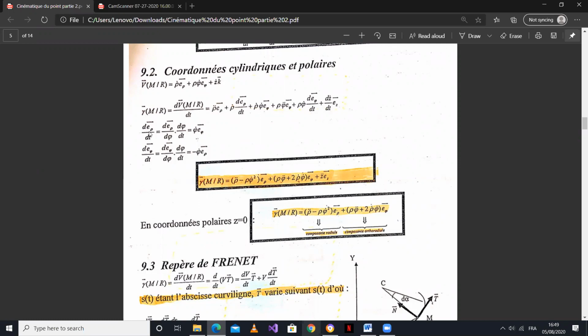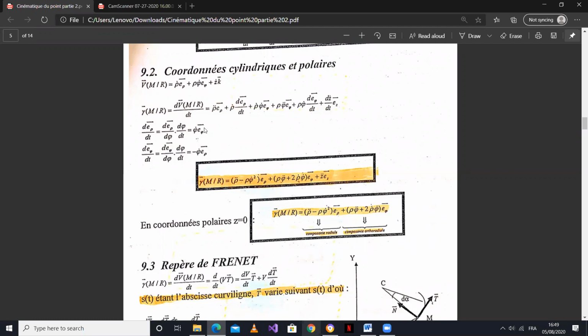We calculated it when we're calculating the vitesse, and we decomposed this derivative into d e_rho d phi, because the expression that we have for e_rho has been expressed in terms of phi. So we decompose this derivative into d e_rho d phi fois d phi dt, because we have e_rho in terms of phi, and we can simply derive this one. And when we derive d e_rho d phi, we find e_phi.